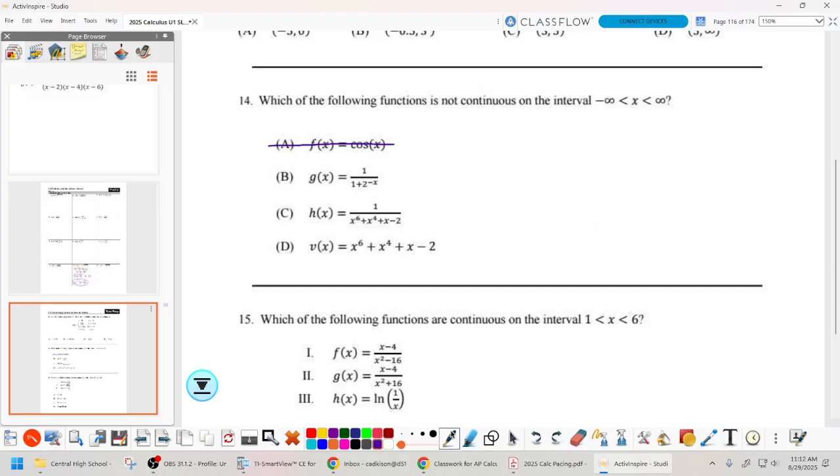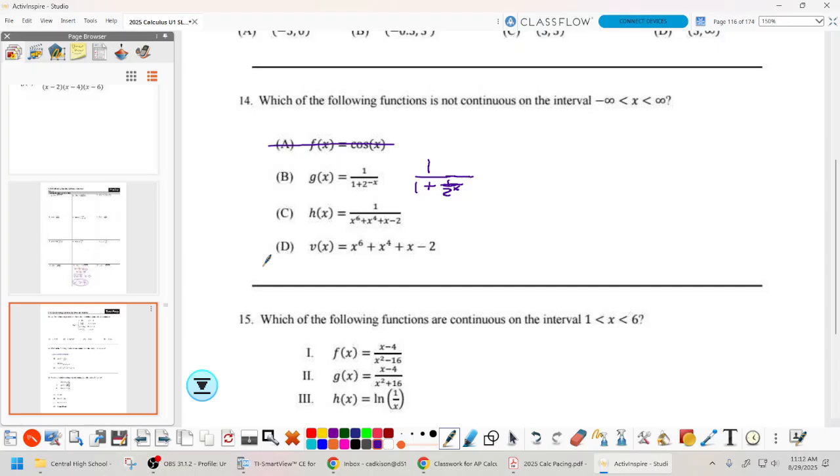We could rewrite this as 1 plus 1 over 2 to the x in the denominator. Sorry if that's too small. 1 plus 1 over 2 to the x. So is there an issue there?